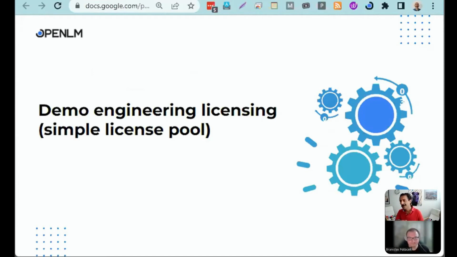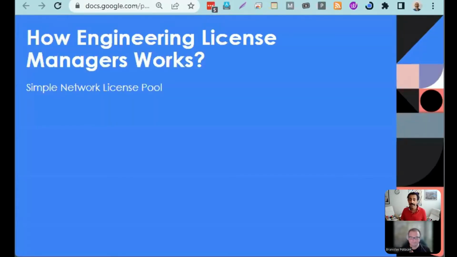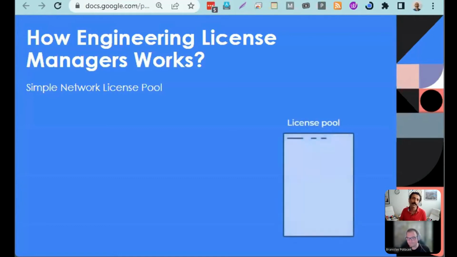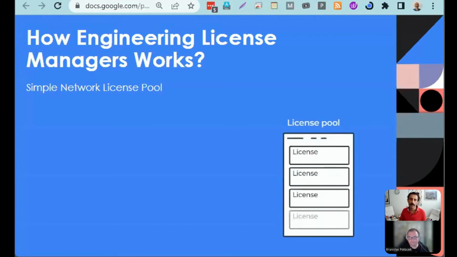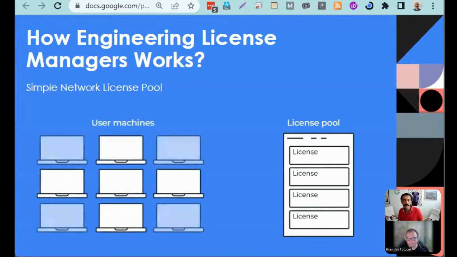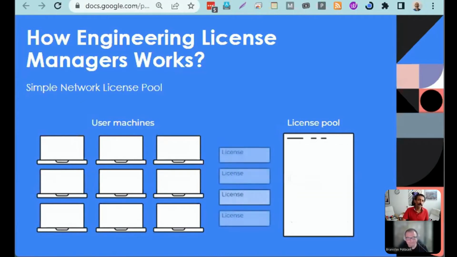And just to, again, keep everyone on the same ground, I would like to show a very short presentation, taking less than a minute, about engineering licensing to demonstrate how a simple license pool is working. We can see the licenses in the license pool to the right, and we can see the workstation on the left.